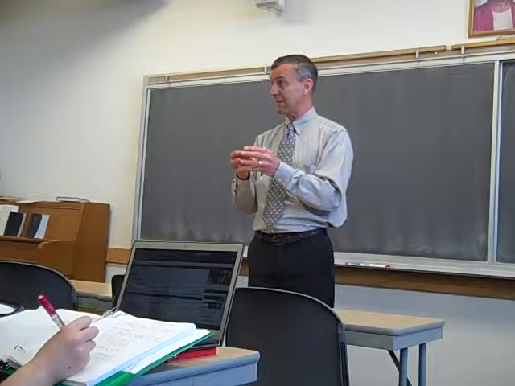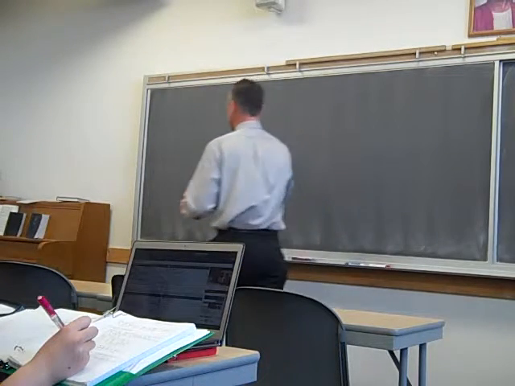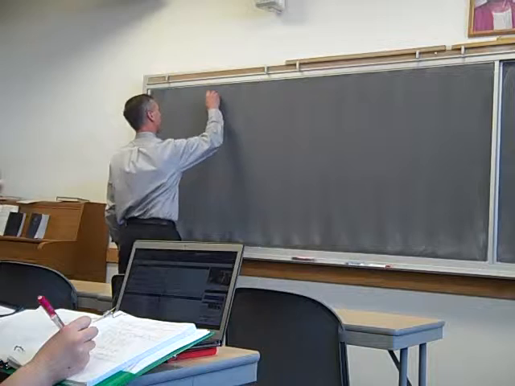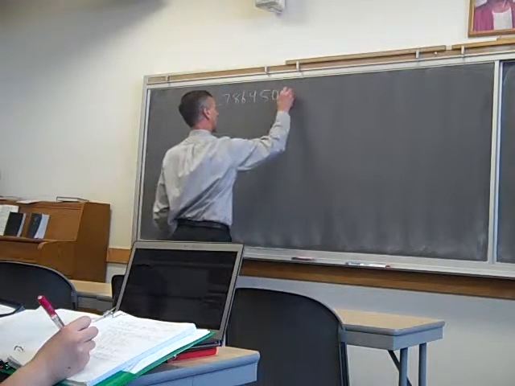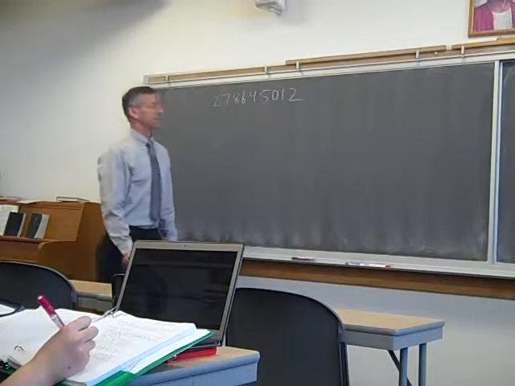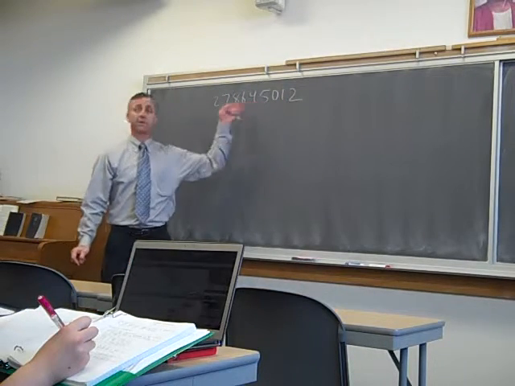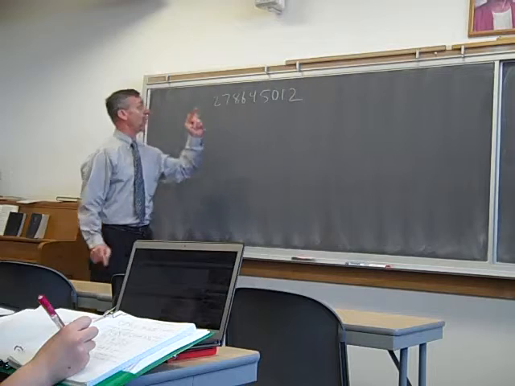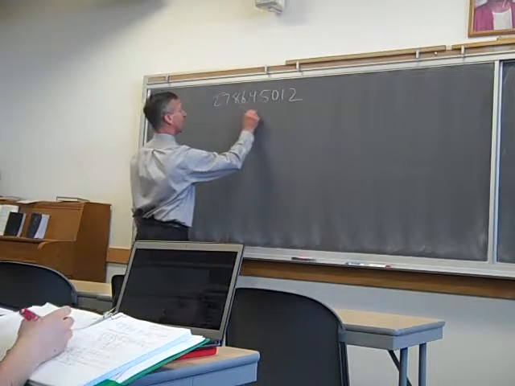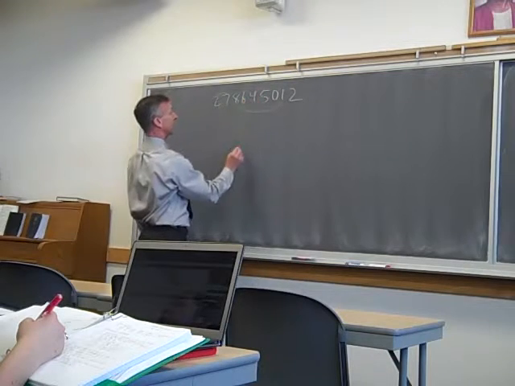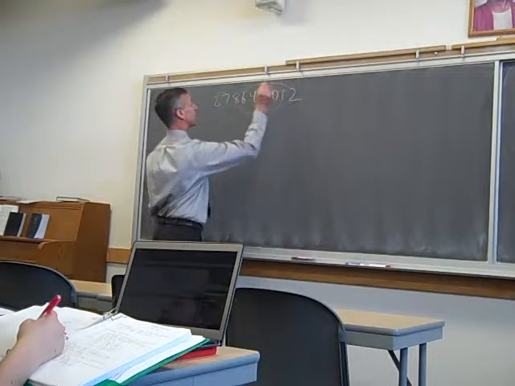Yes, should we go over that? Let's just throw a number up here. 2, 7, 8, 6, 4, 5, 0, 1, 2. Is this divisible by 9? We could add them up and see if the sum is divisible by 9. Or I can put them together. 7 and 2 makes 9, 8 and 1 makes 9, 4 and 5 makes 9, 6 and 2 make 8.